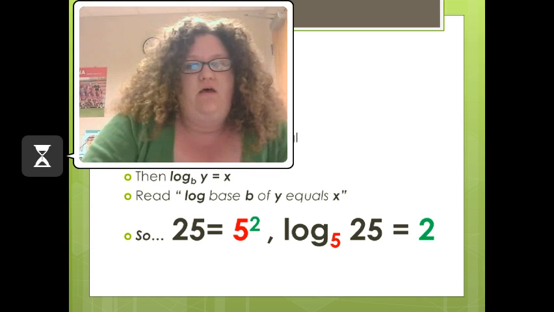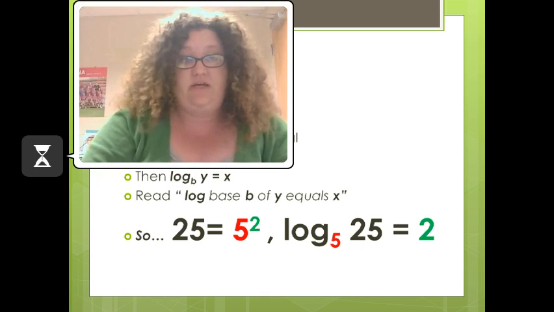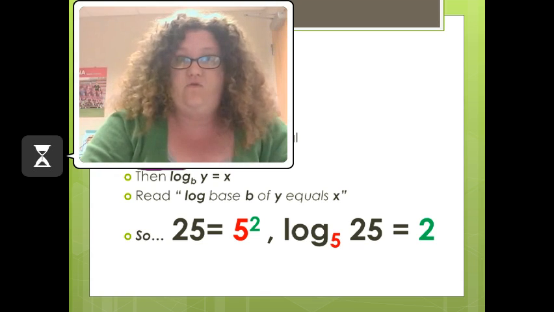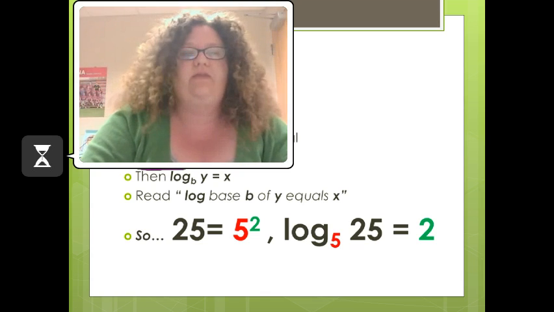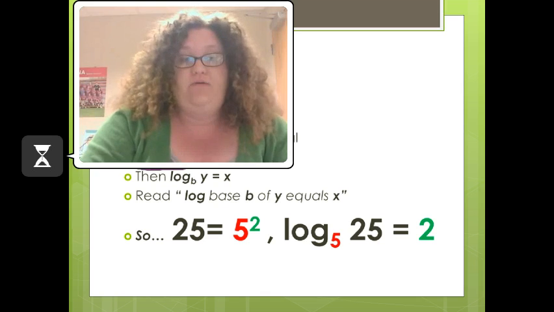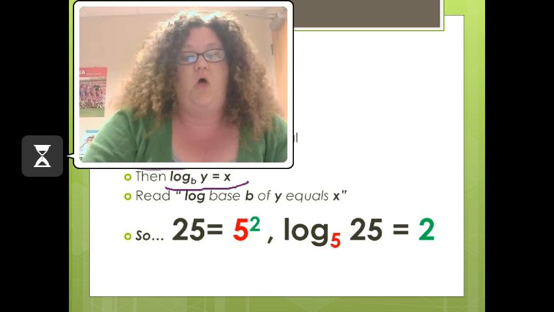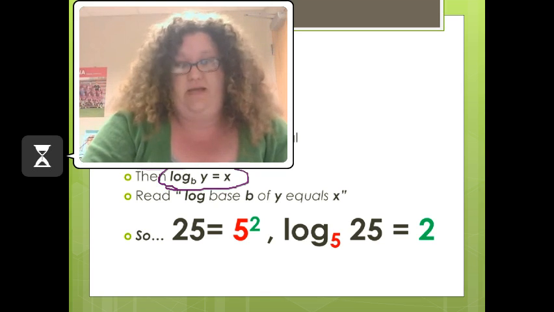If you're given that y equals b to the x power, that is standard form for an exponential function. If y equals b to the x, then when you want to write it in logarithm form, it's log base b of y equals x.